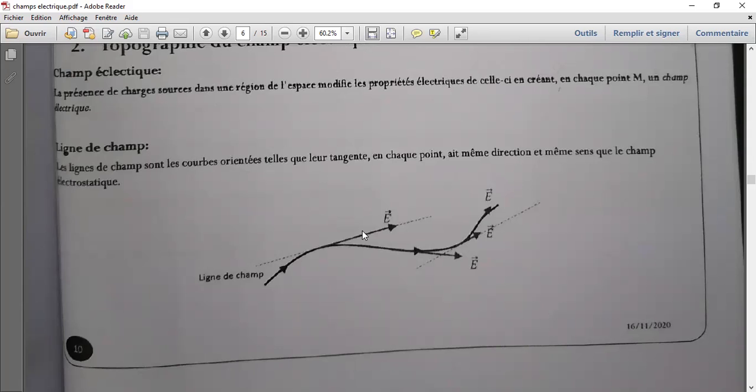So if you have drawn the tangent, that tangent gives just the direction and the sense of the champ electrostatic. That's what I meant. I don't know if it's clear.